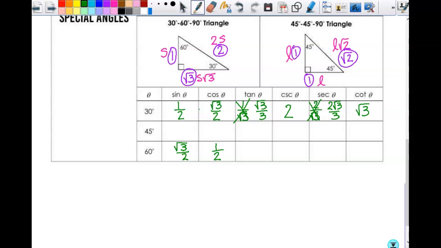All right, so then tangent is going to be opposite over adjacent, so it's just the square root of 3, which is the same as the cotangent of 30. So cosecant is the reciprocal of sine, so that's 2 over the square root of 3, which is 2 square root of 3 over 3. Oh, wait, what am I doing?